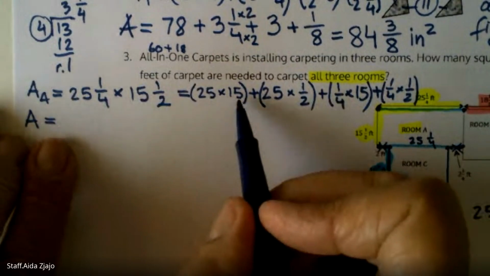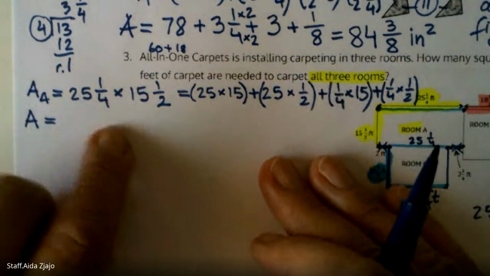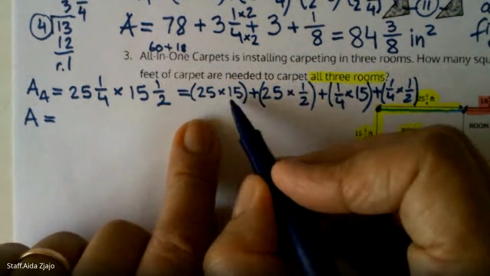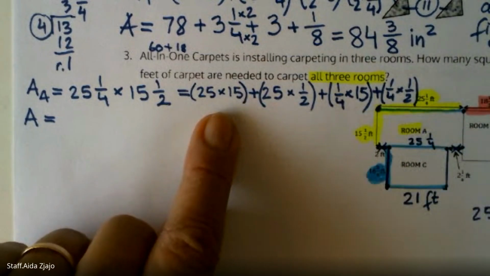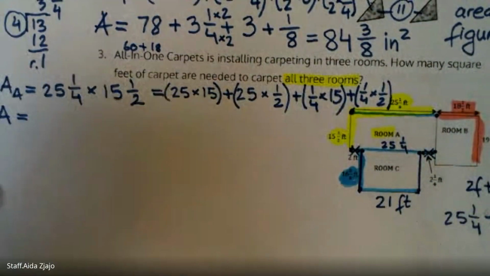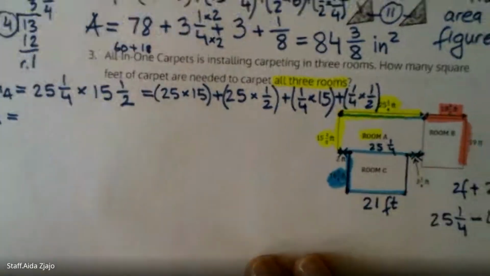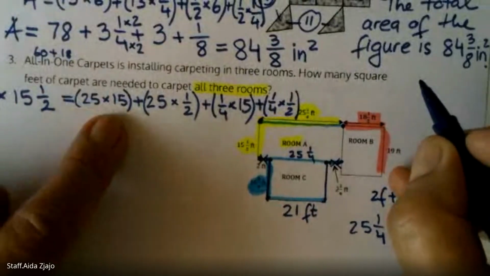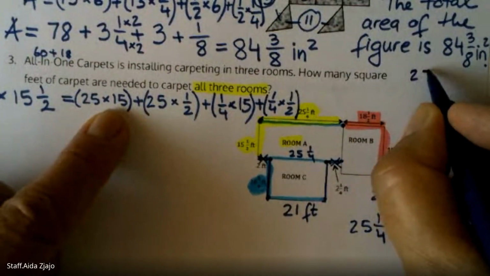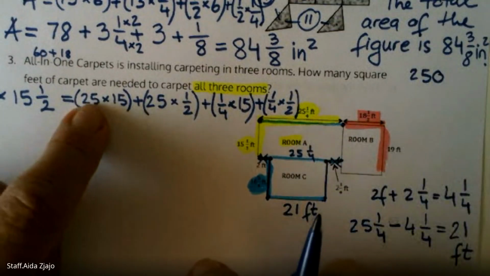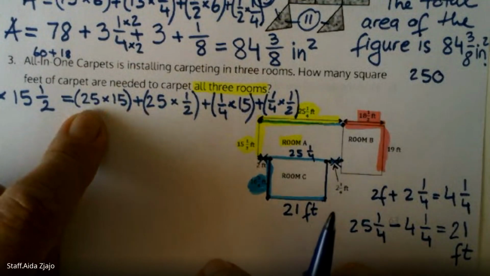So 25 times 15, you can think of mentally: 25 times 10 is 250, and 5 25s.